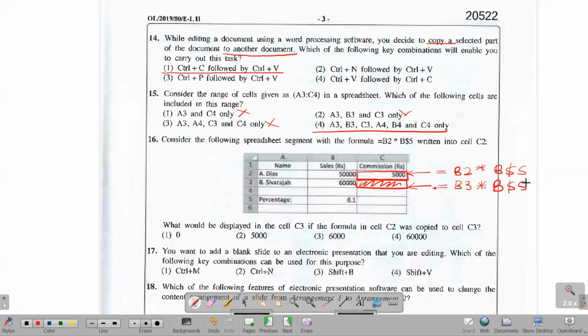So B3 times $5. B3 means this 60,000, and $5 is always this. So it's going to be 6,000, right? So the third one.